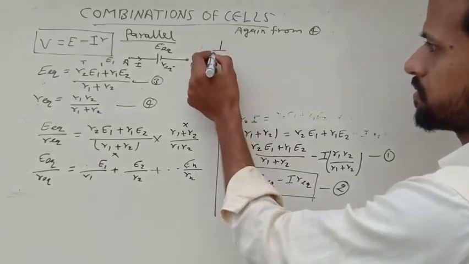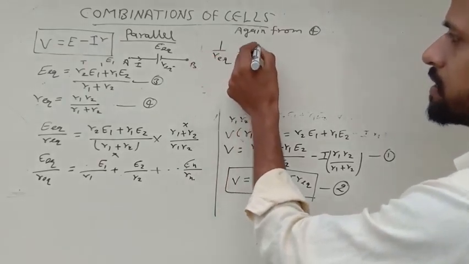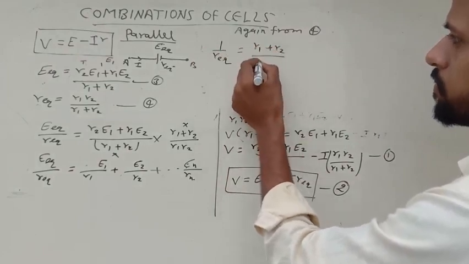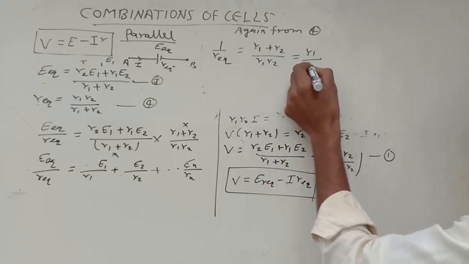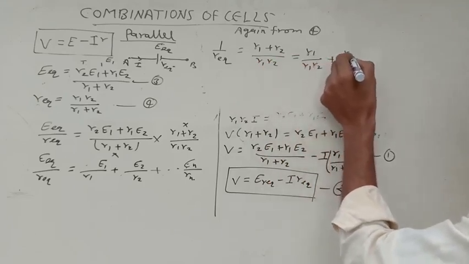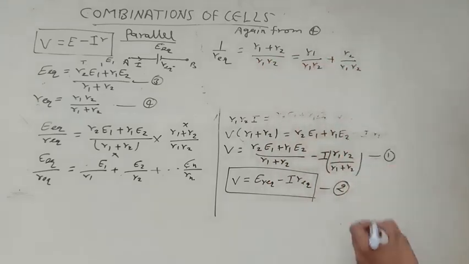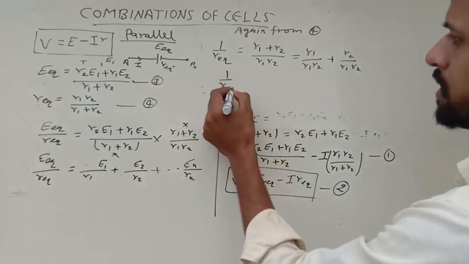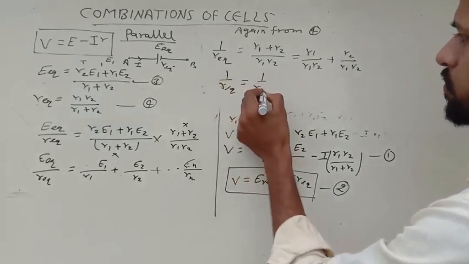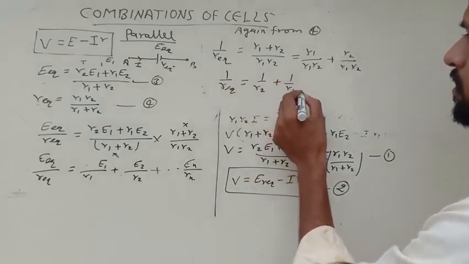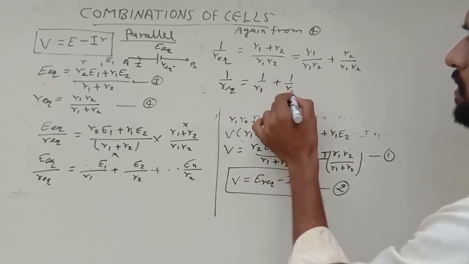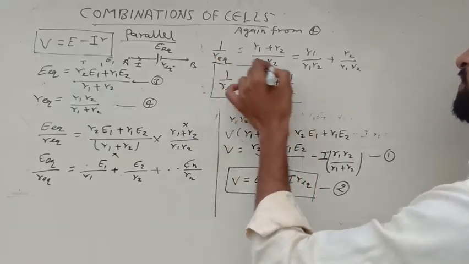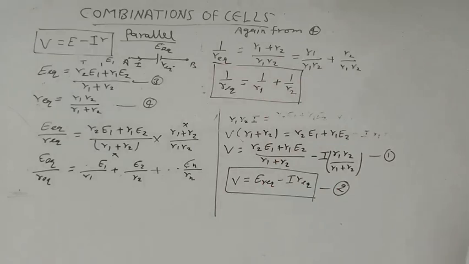So 1 by R equivalent is R1 plus R2 upon R1 R2, which may be written as R1 upon R1 R2 plus R2 upon R1 R2. So 1 by R equivalent is 1 by R2 plus 1 by R1, that is, 1 by R1 plus 1 by R2. This is the expression for equivalent resistance when the cells are connected in parallel.